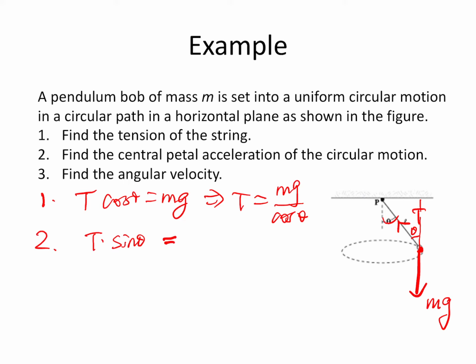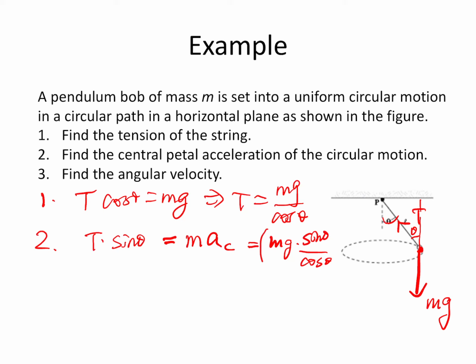When you have a force, you have to have acceleration, and the centripetal force is m a_c. So you have T sin theta equals m a_c. T sin theta is mg sin theta over cosine theta.